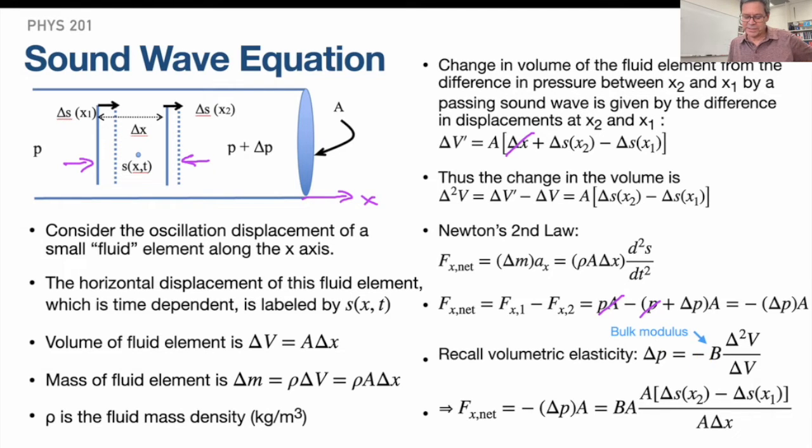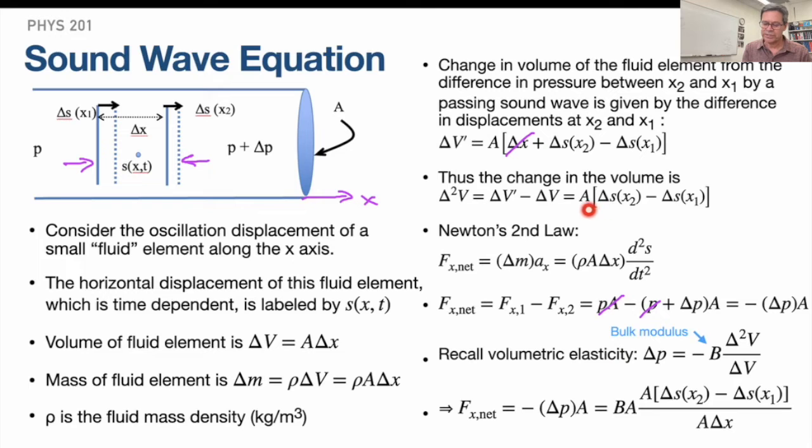So if I'm plugging in for delta P, the negative times negative turns a positive. I have the term B that comes in there, and then I have A coming in here, so that A goes there, right? But then I have to multiply that by the ratio of the change in my volume over the original size of the volume. And so that's the expression here in the fraction.